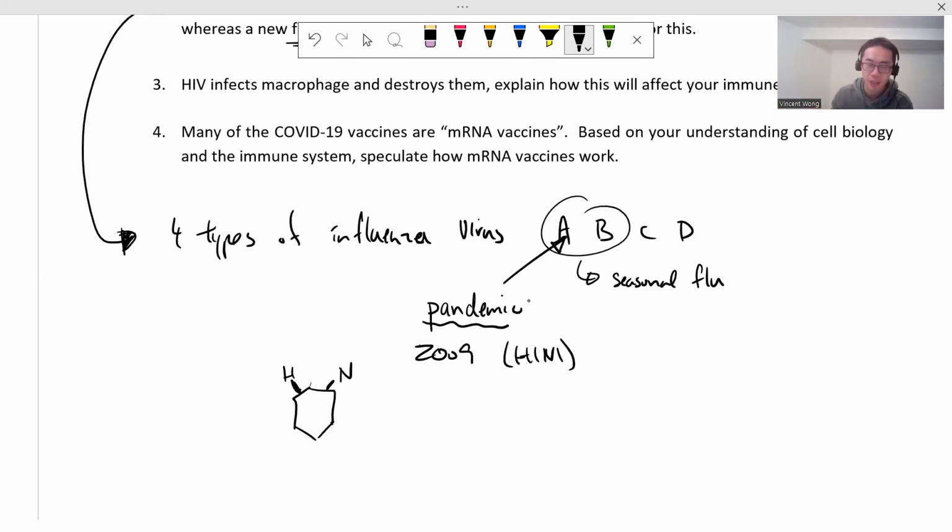Well, for the virus, the antigen of interest is what's called H and N. You don't really have to know what they stand for. There are 18 variants of H and 11 different types of N. And so there are different combinations. H1N1 is one of the ones of concern because, in the early 1900s, that was the one that caused the Spanish flu, which killed a lot of people, right?